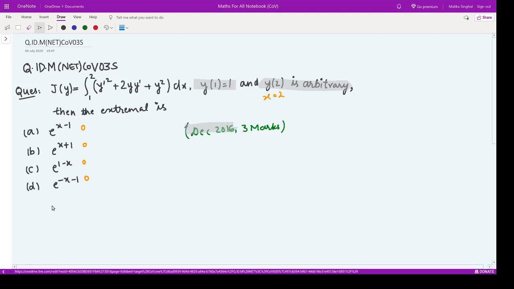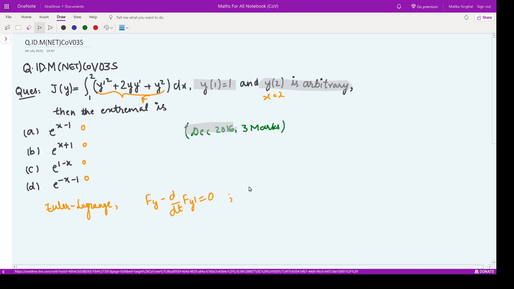First of all, we have to solve the Euler-Lagrange equation. What is that? That is f_y minus d/dx of f_y dash is equal to 0. So in this case, this is our f, right?